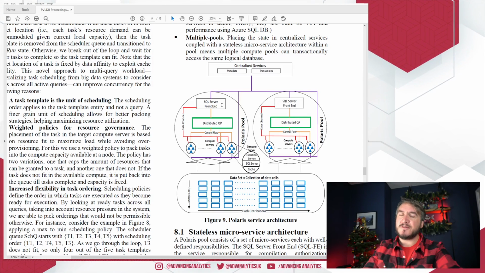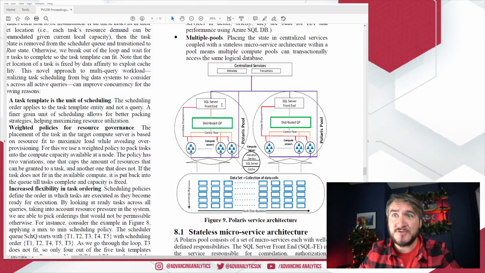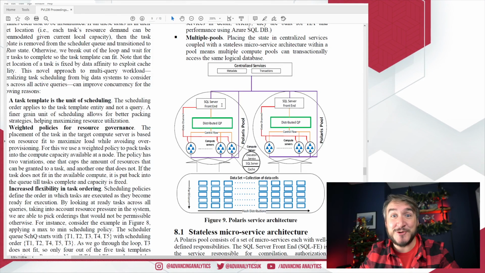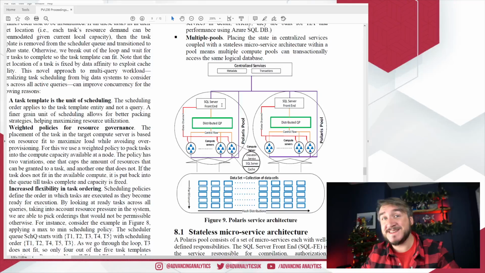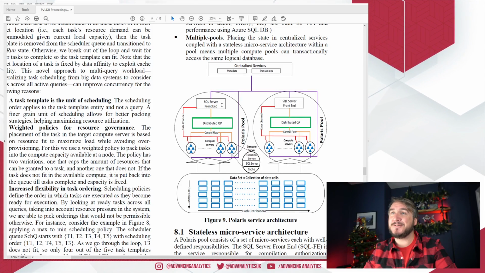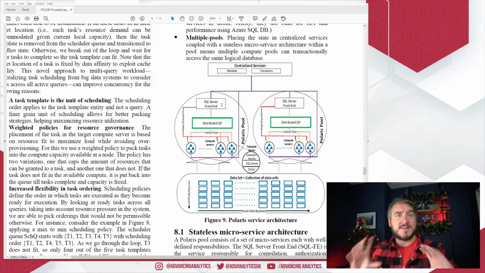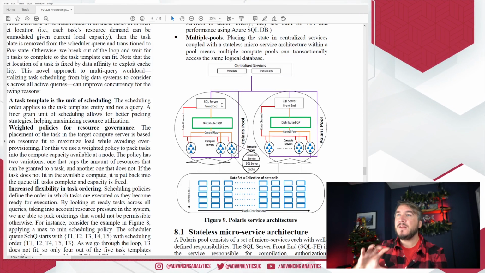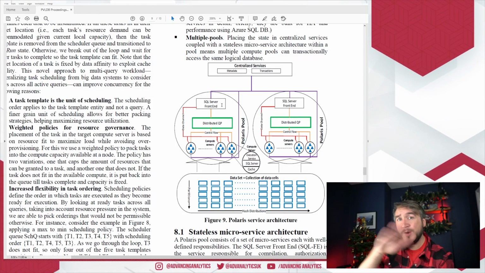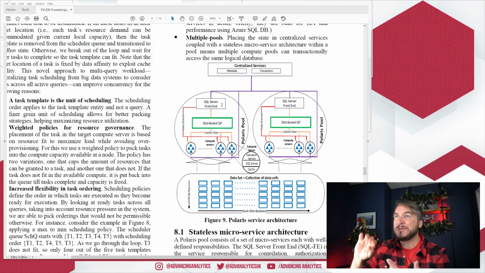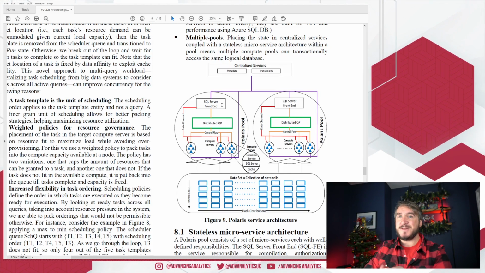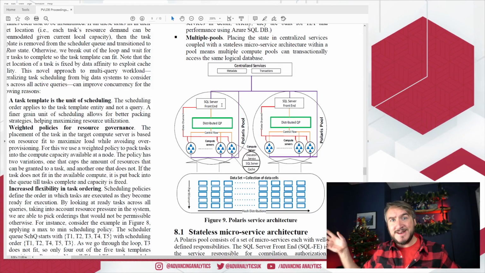We've got the SQL Server front end, essentially a driver, something that takes our query and passes it to a query processor, because that's the user serving layer. We've got that middle bit, the distributed query processor, which is the whole workload scheduler. It's figuring out how many data cells do I need for this?